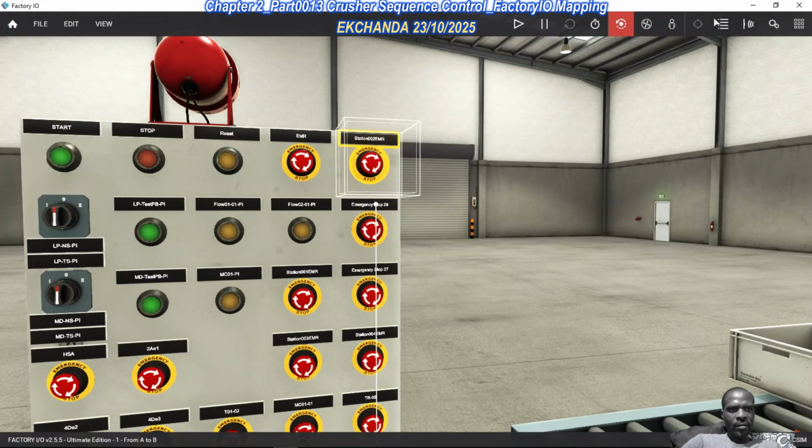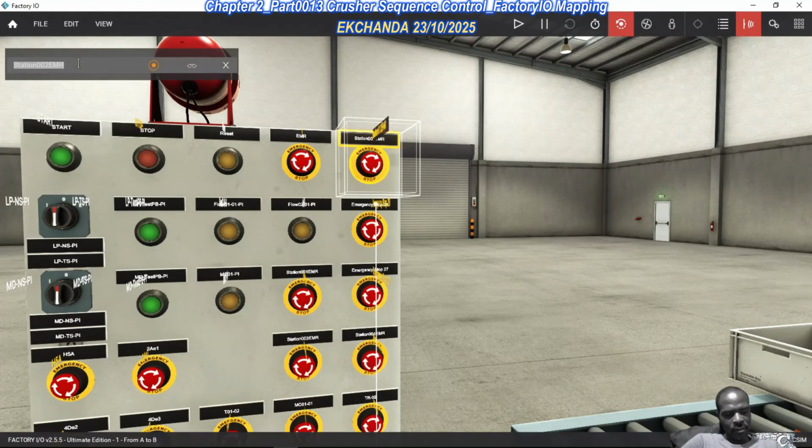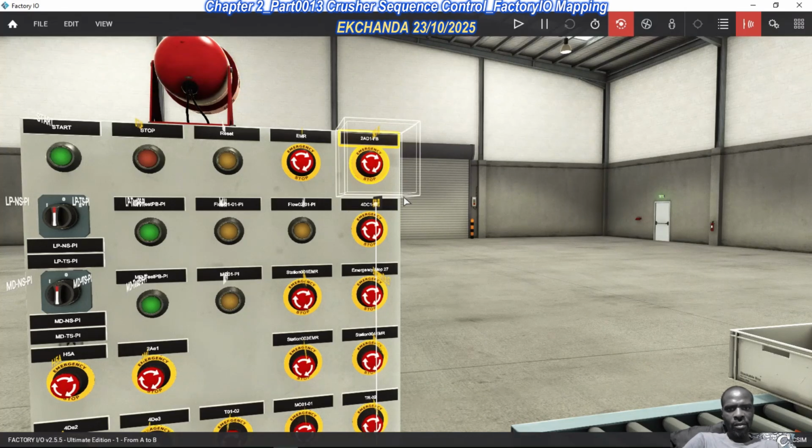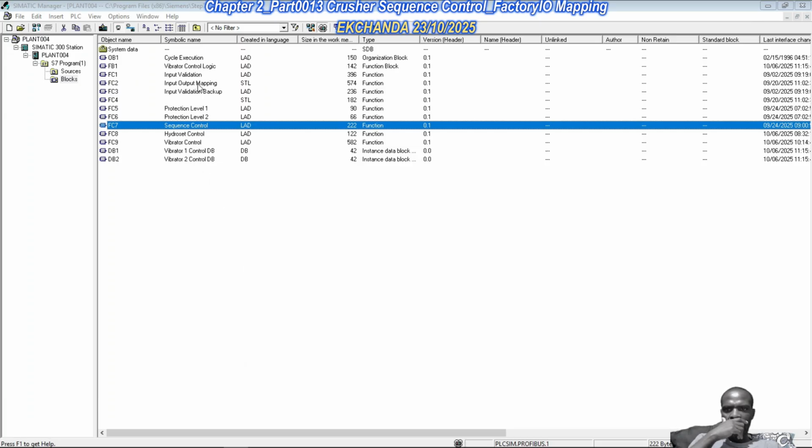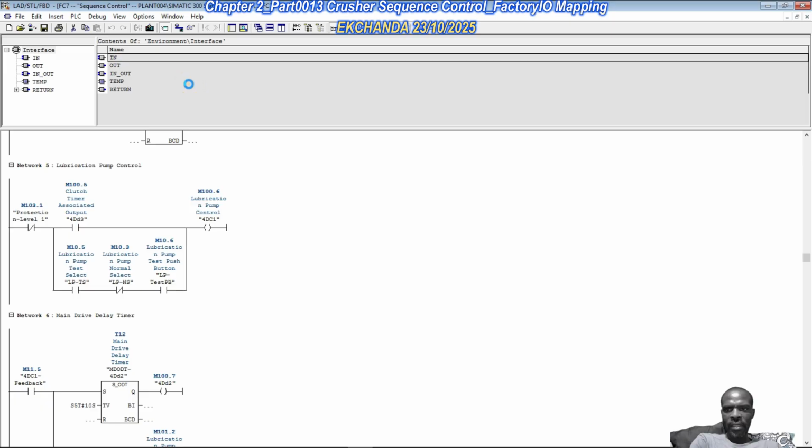And then, of course, this is going to be 281 feedback, and 4DC1 feedback. Okay. So this is it. So 281 feedback, 4DC1 feedback, and we need to go to input-output mapping.